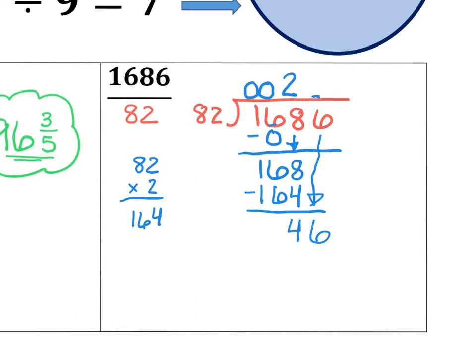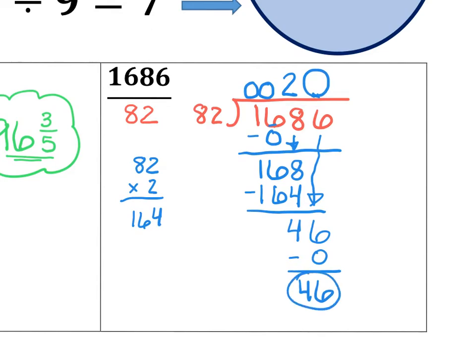So when I brought that 6 down, I saw that I cannot get an 82 into 46. That means I can get 0 82s into 46. 0 times 82 is 0. And when I subtract, I get 46.